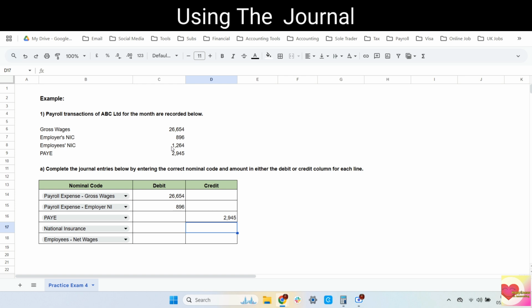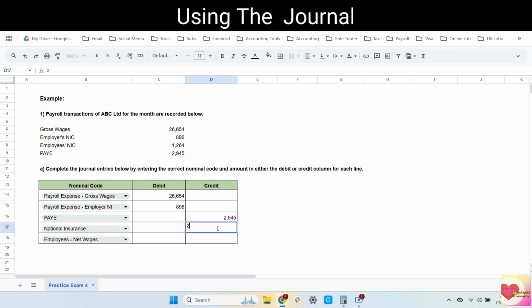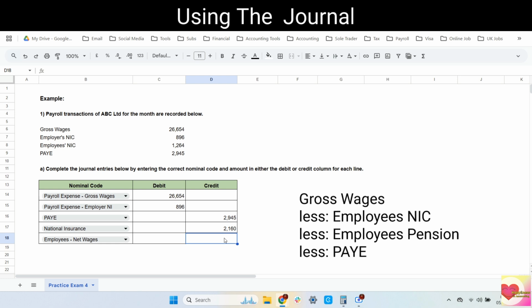We have to pay the employer's NIC and employees' NIC to HMRC, so we will put the total of these 2. And the last one is the net wages. Remember, the net wages is the gross wages minus employees' NIC, employees' pension, and PAYE.